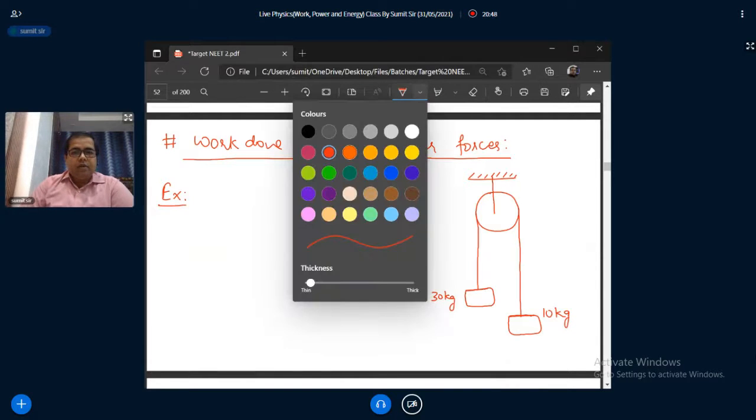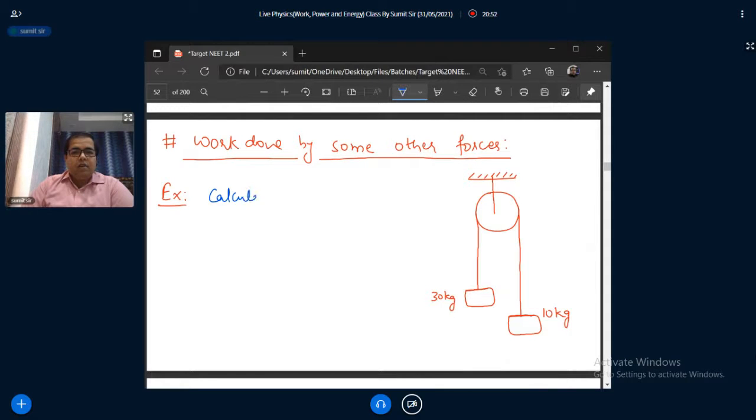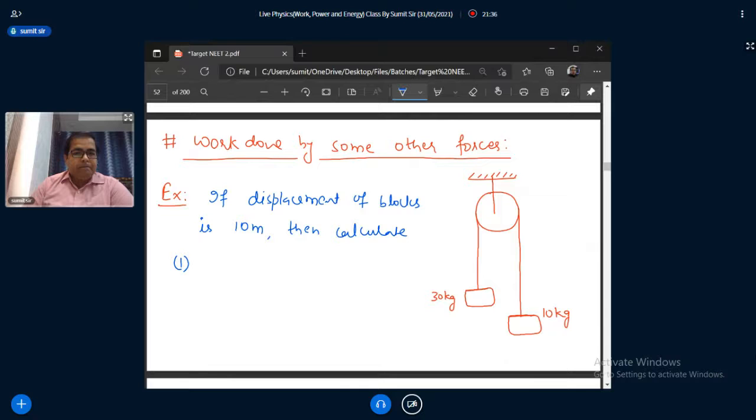Suppose the displacement of the blocks is 10 meter, then calculate work done.